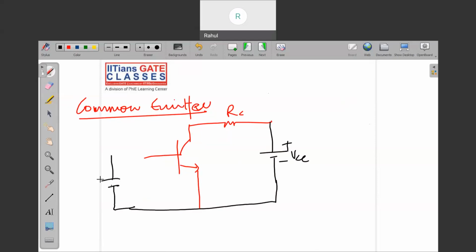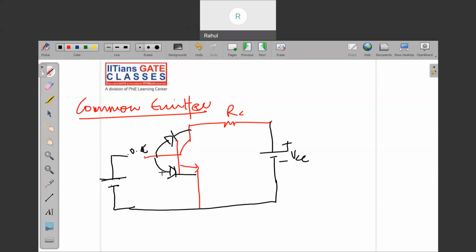If it is open here, your diode will not get the 0.6 voltage, right? So this junction will be reverse bias. There are two diodes in a bipolar junction transistor. So this diode will be in reverse bias, this diode will be in reverse bias, okay.